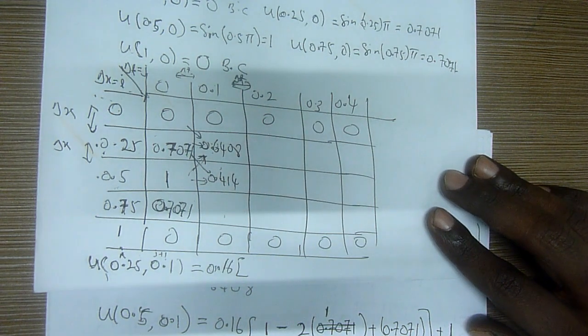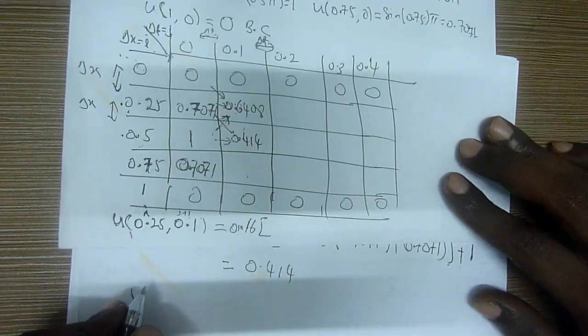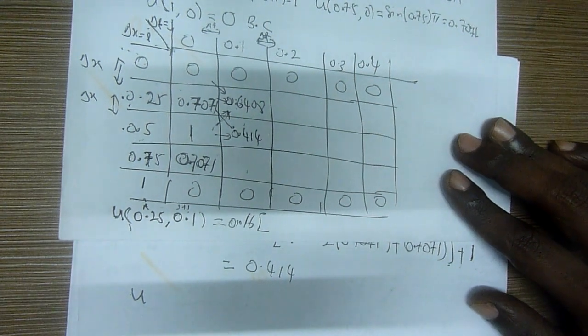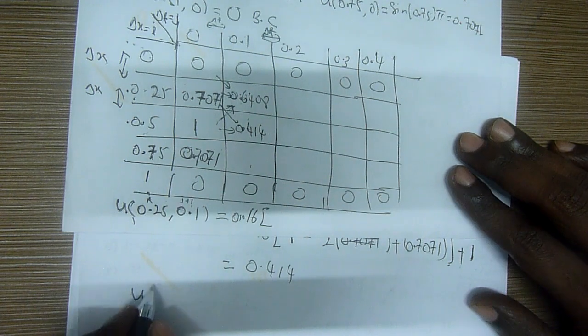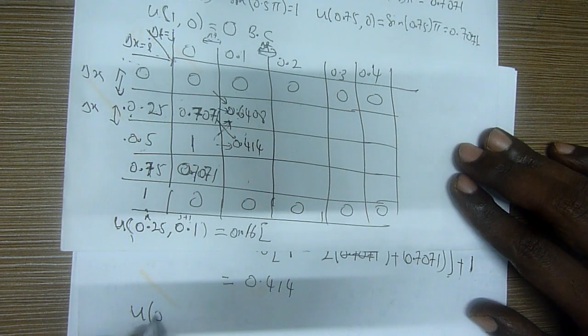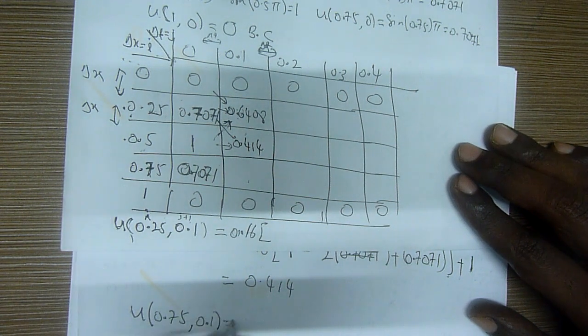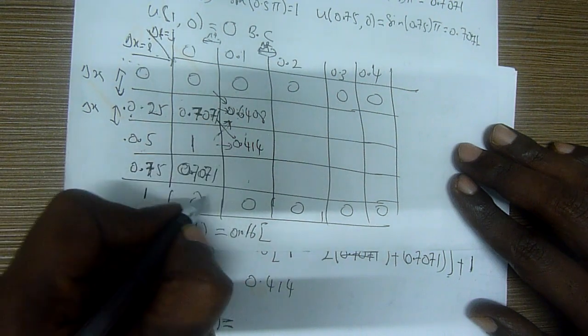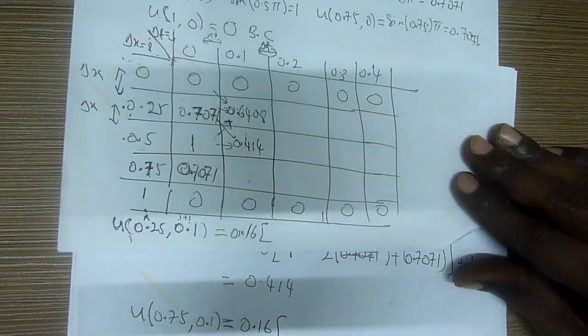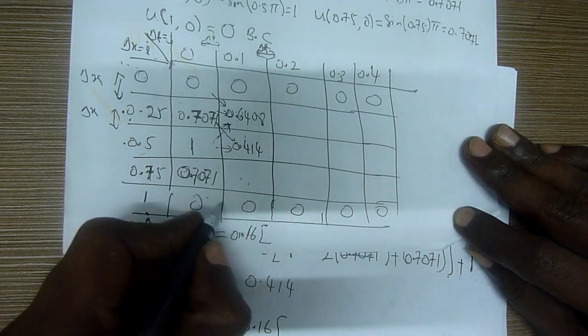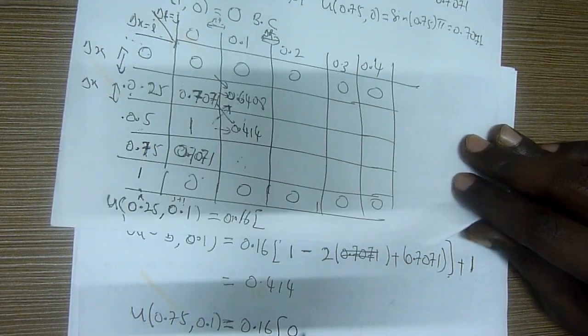Again I write for you, you try and work it out. This one is 0.75, 0.1. How to calculate that? You need to use the 0.16. Pull this one, 0.